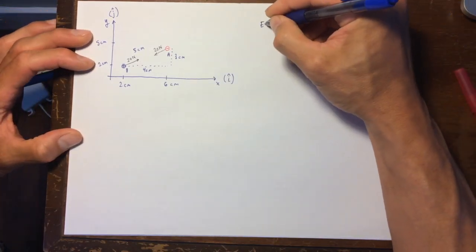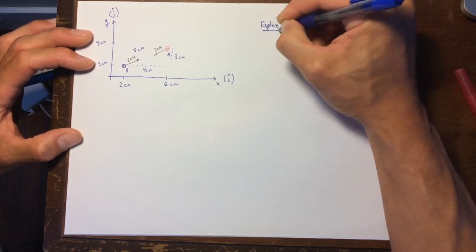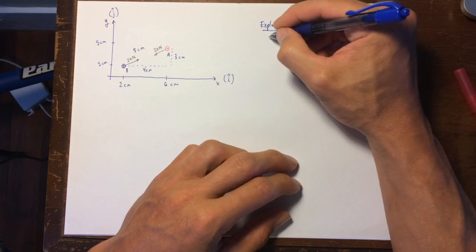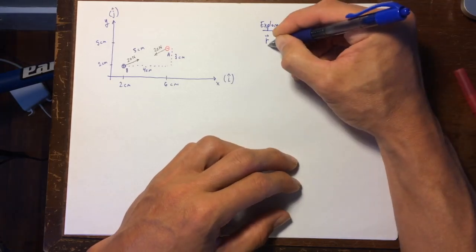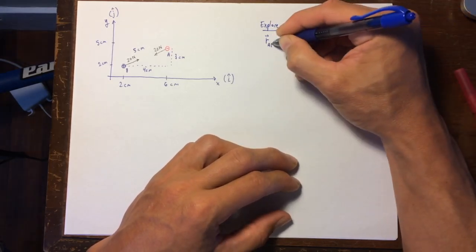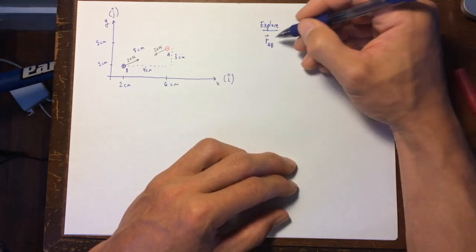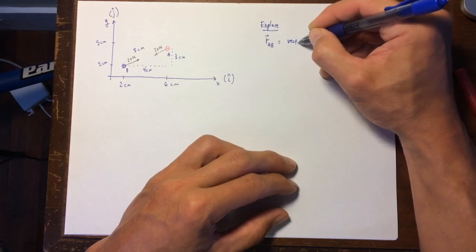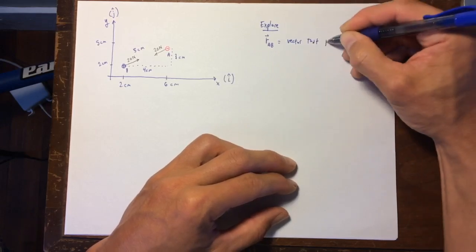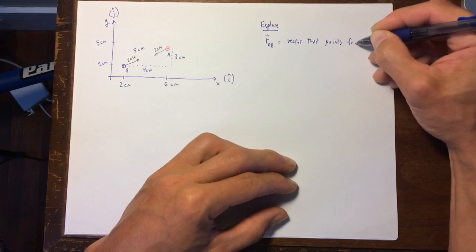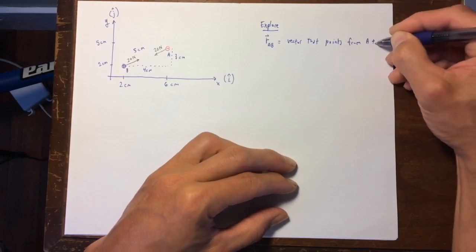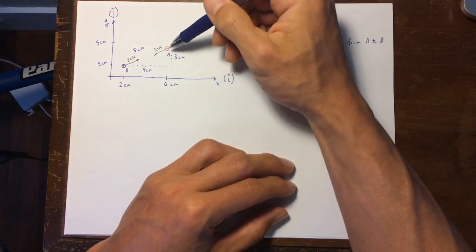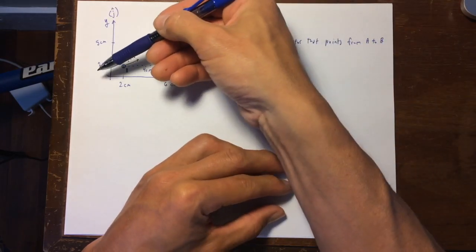So let's explore a bit. If I was to build the vector that points me from A to B, so this is the vector that points from A to B, the way I build this, A is over here and B is over there.